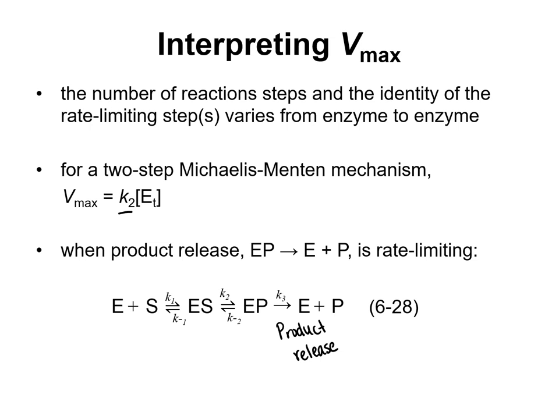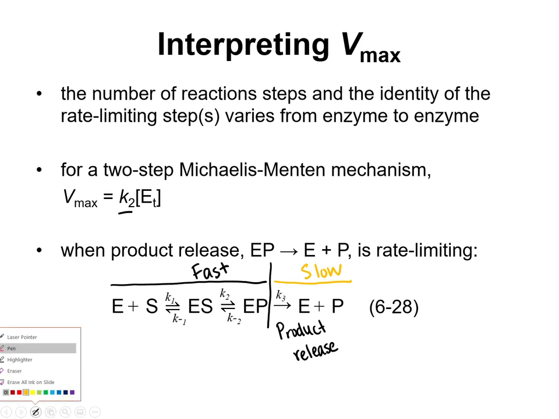And in a lot of enzymes, product release is actually rate limiting, not product formation. So everything up to here is very fast. And then everything after that is slow.